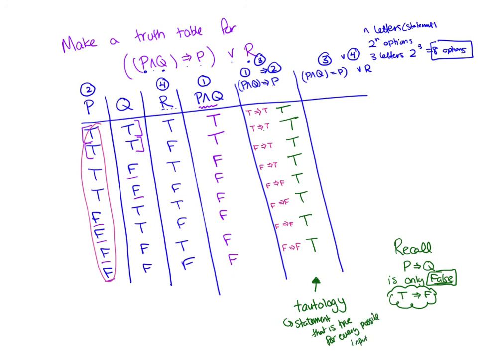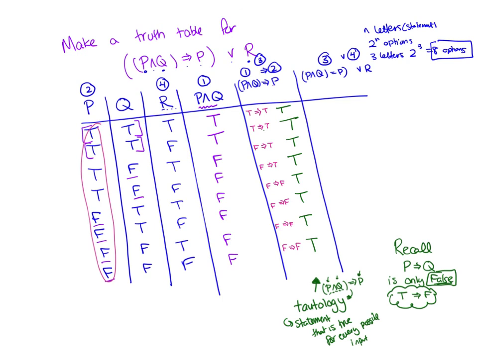So the statement P and Q implies P, that's a tautology. All right, that makes sense. If I know P and Q is true, that means P has to be true and also Q. And if P is true, then I can imply P. So that does make sense that that's a tautology.